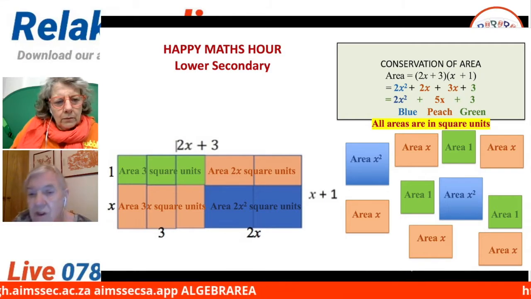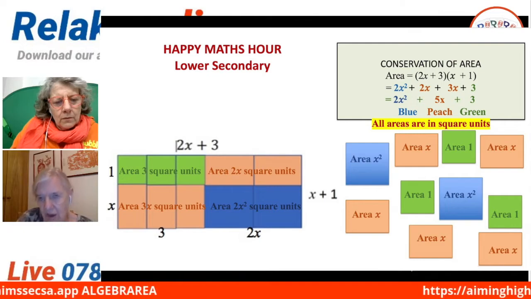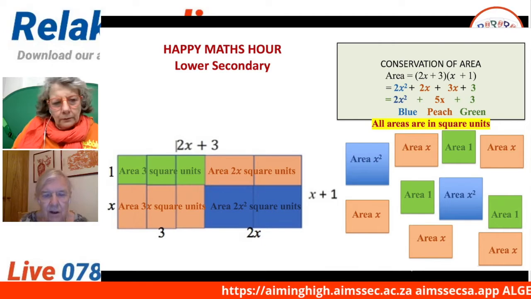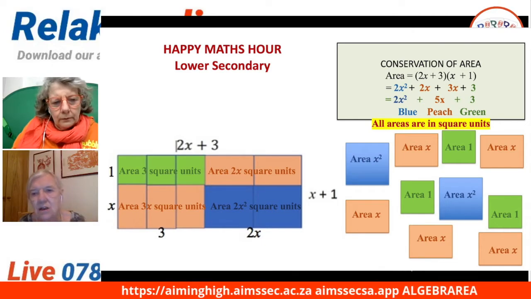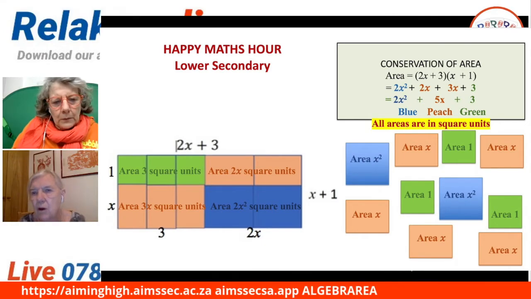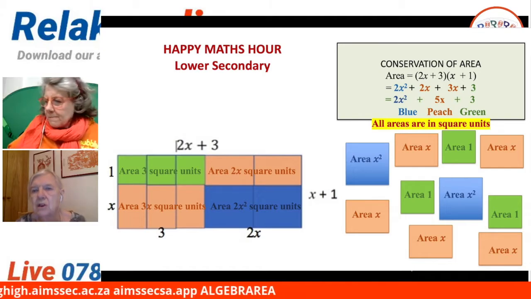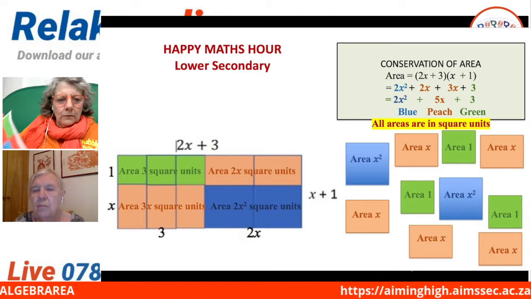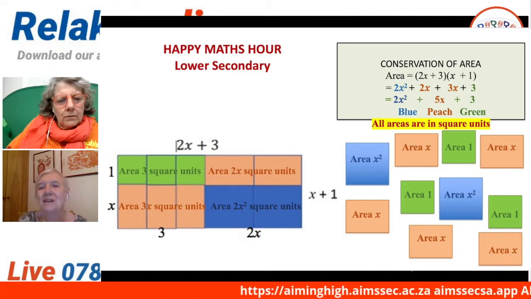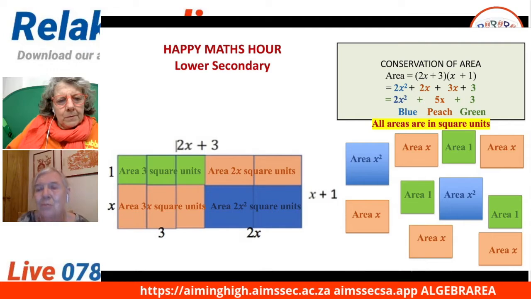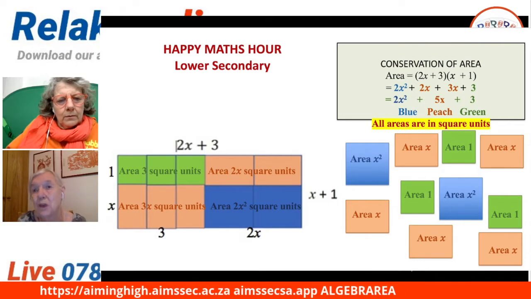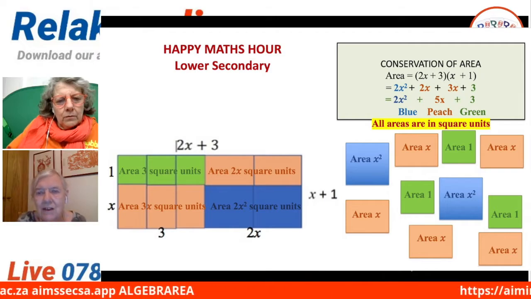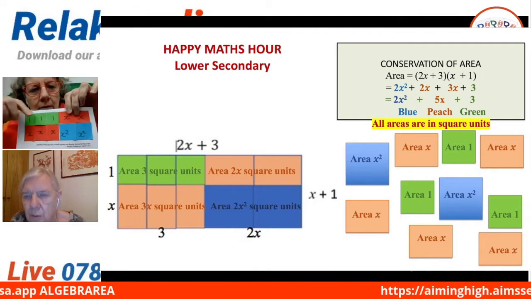So we've got something really neat there that takes us from just a simple puzzle into something quite complicated, which is this multiplication of the 2 expressions, each of which has got brackets, and the 2 brackets each have 2 terms.